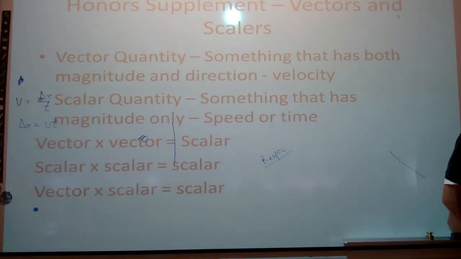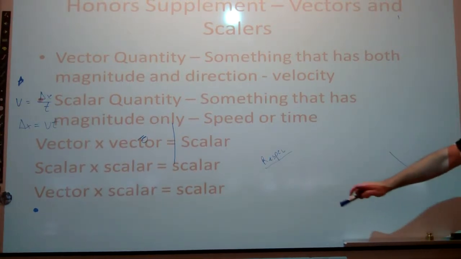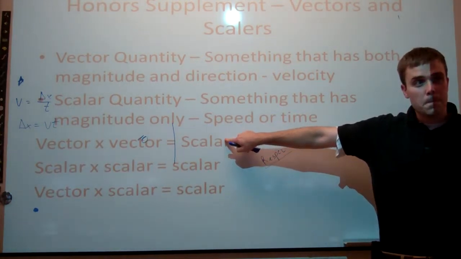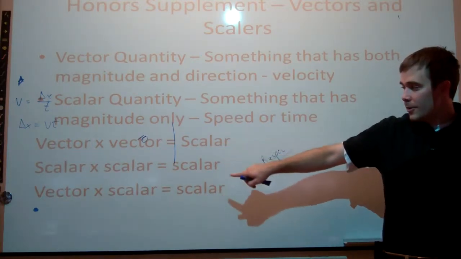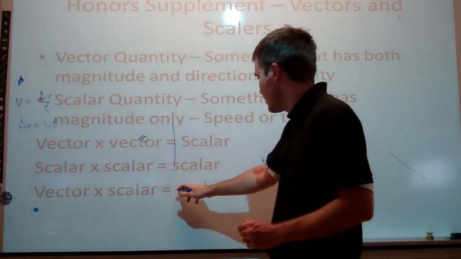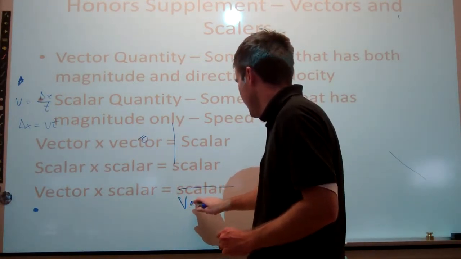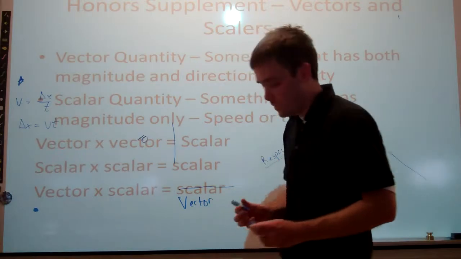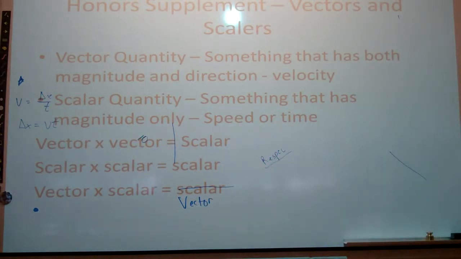There's no direction associated with it. When you do a vector times a vector, you get a scalar. When you do a scalar times a scalar, you get a scalar. When you do a vector times a scalar, you get a vector, not a scalar. So it's kind of like negative signs, to an extent, with a vector being negative.